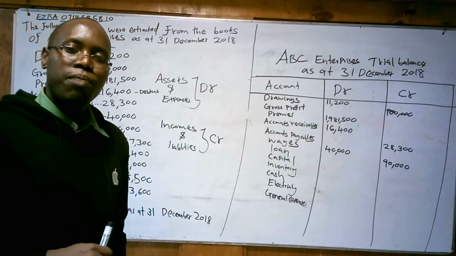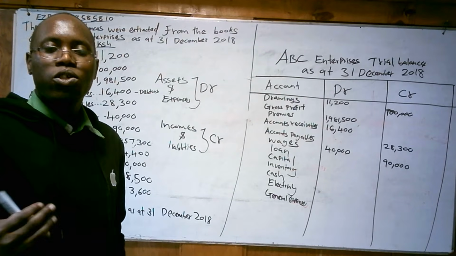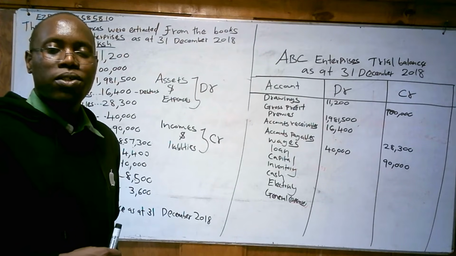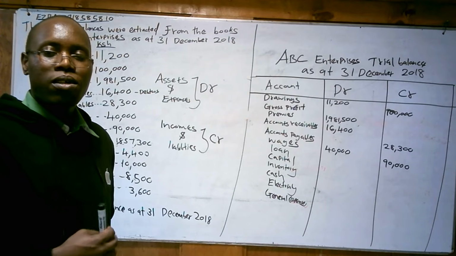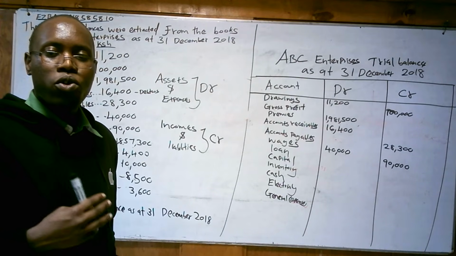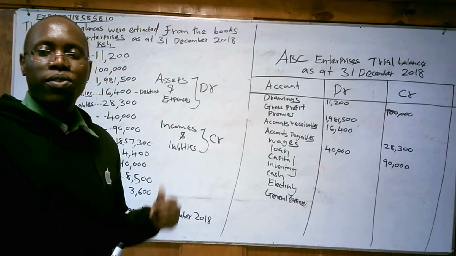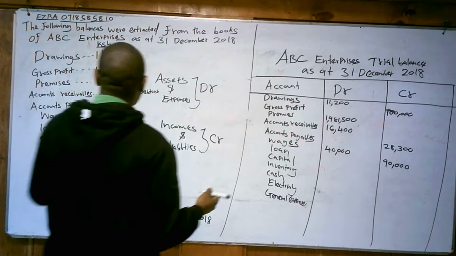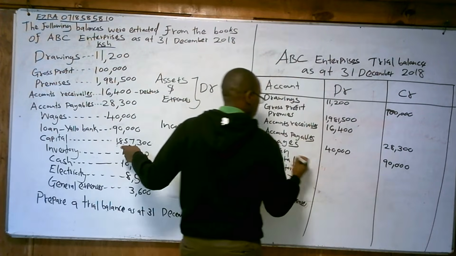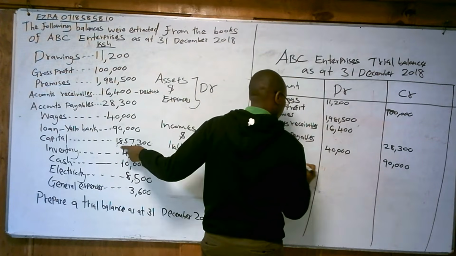And then we have capital. When you talk about capital, capital is actually a special type of liability. So because it's a special type of liability, of course capital will always appear on the credit side of the trial balance. So the capital, which is 1,857,300, will be here.